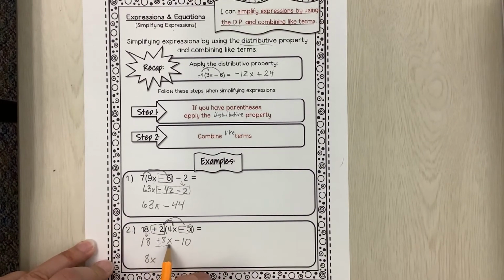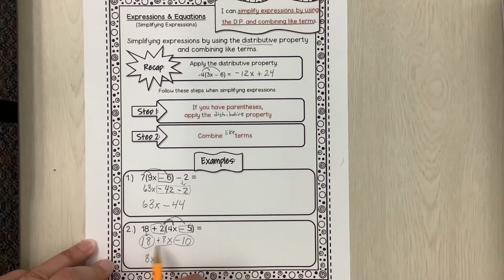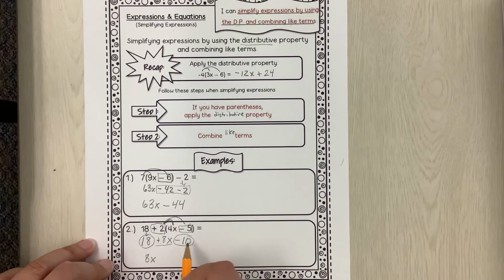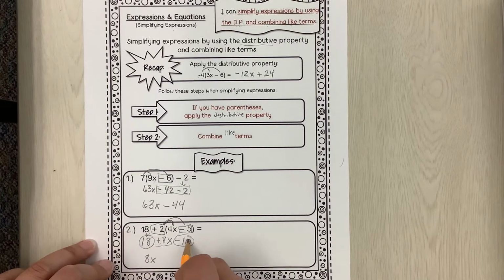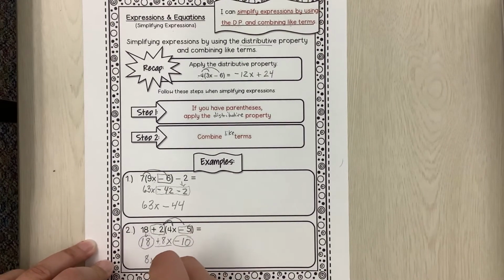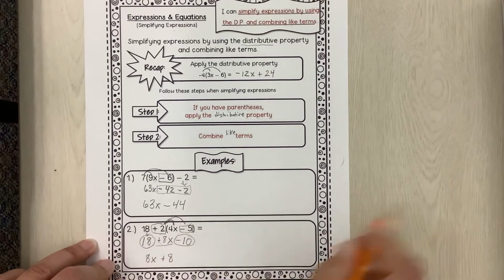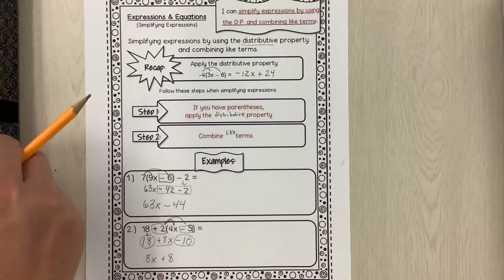I don't need to put the plus symbol in front of it. But now I see a positive 18 and a negative 10 without an X or a Y or an A or a B in front of it or behind it. So I'm going to take 18 minus 10, and that gives me a positive 8. Okay, so there's our answer for that one.